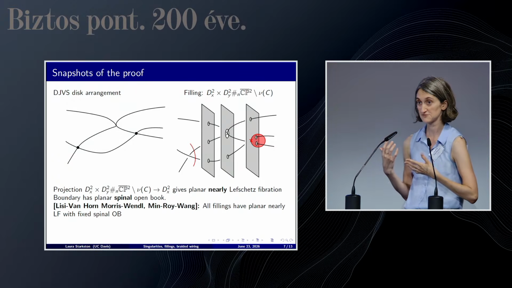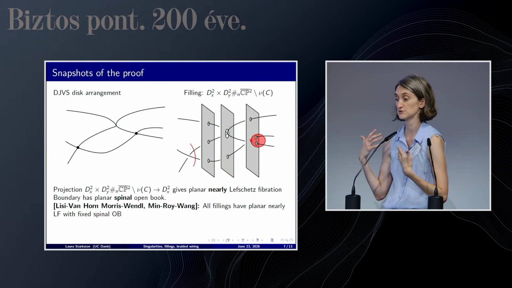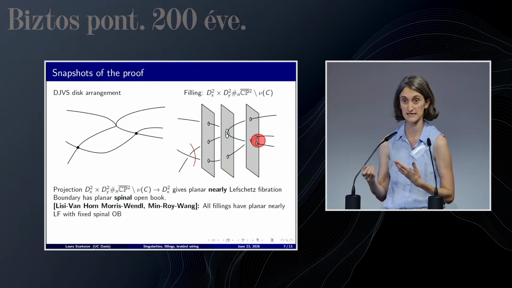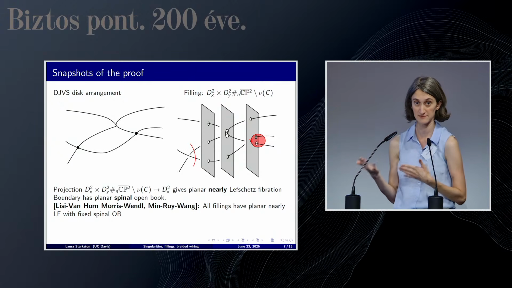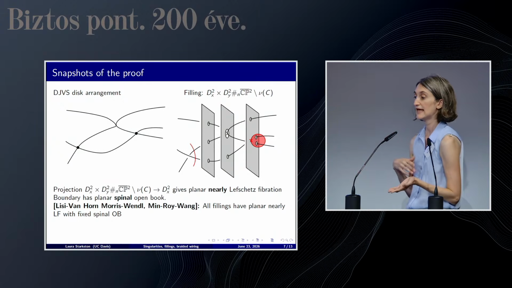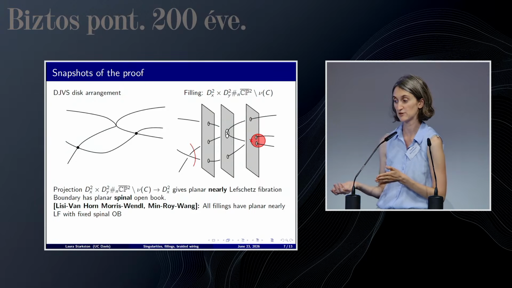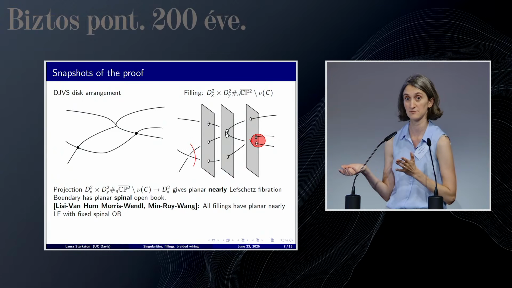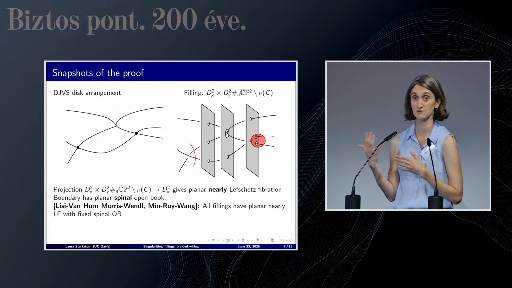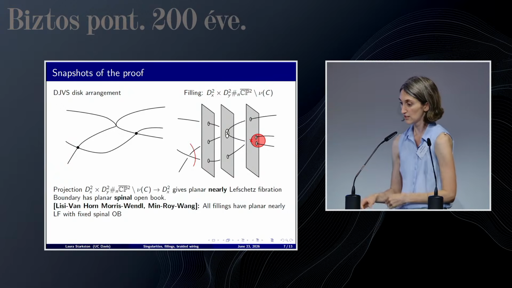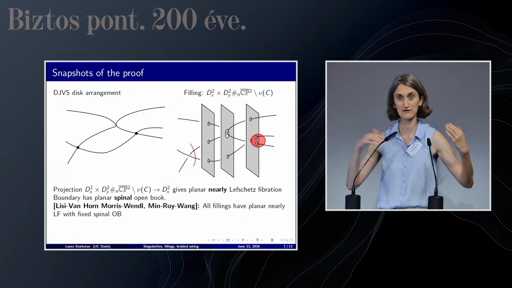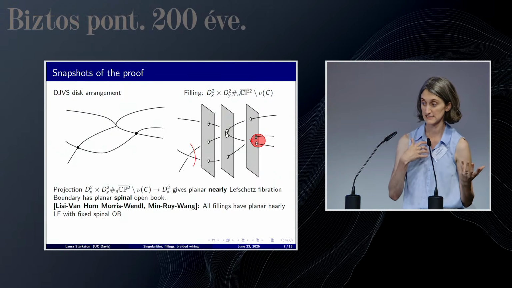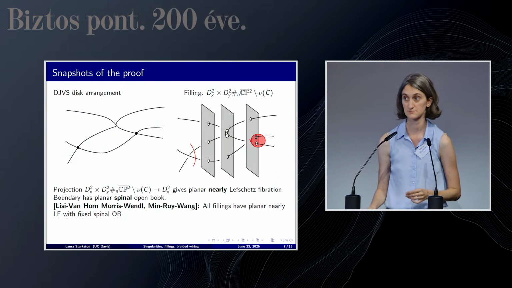Every nearly Lefschetz fibration is going to show up as a complement of a multisection in some planar Lefschetz fibration. In the setting of spinal open books that we have, that means that it has to be the complement of a multisection in a blowup of C2. So that's how you get this correspondence between the symplectic fillings and these disk arrangements.